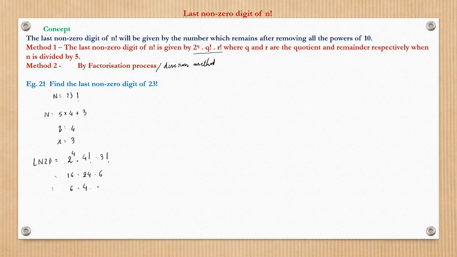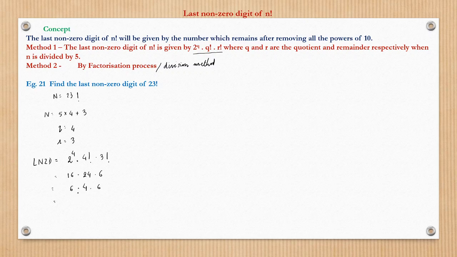This we have seen in the chapters on remainders. So to find the unit digit of this product, the last non-zero digit of 23 factorial is basically the unit digit of 16 into 24 into 6. Of this we will only take the unit digits, so 6 into 4 into 6.